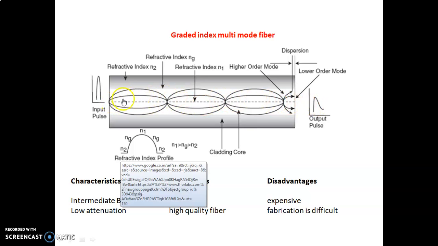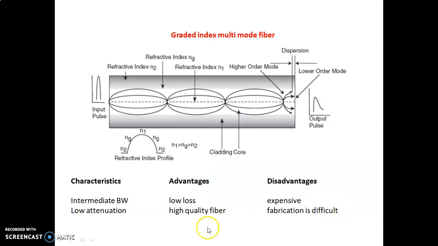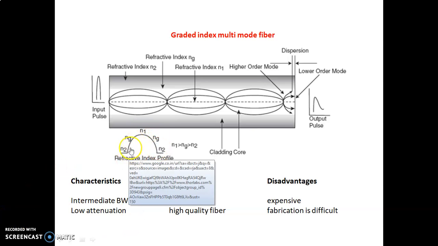This is the optical axis. The refractive index is minimum at the optical axis, and it gets larger and is higher between the core and cladding interface, and it gets lower and becomes minimum at the optical axis. So here it is not varying step by step. Okay, so there is a curve, we can see the curve.